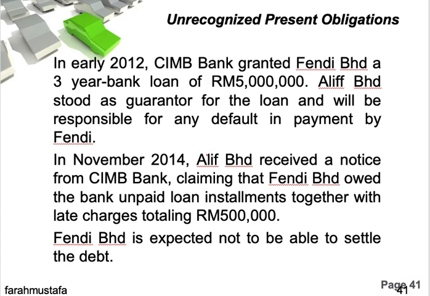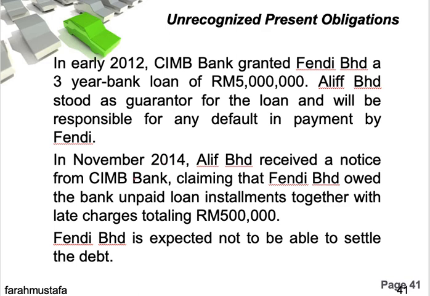So this is an example. In 2012, CMB granted Fendi a 3-year bank loan of 5 million. Alif Berhad stood as a guarantor for the loan and will be responsible for any default in payment by Fendi. So Alif is the guarantor, Fendi made the loan.